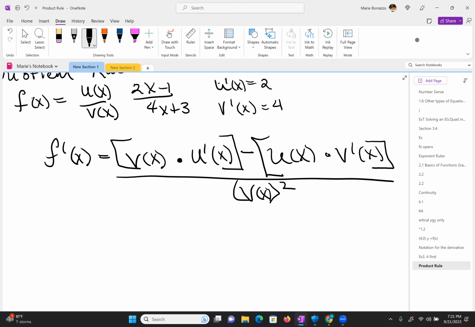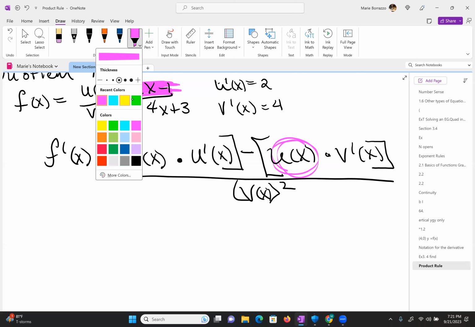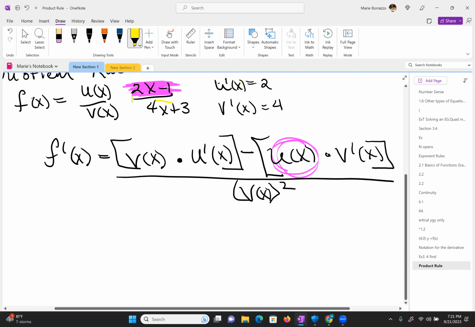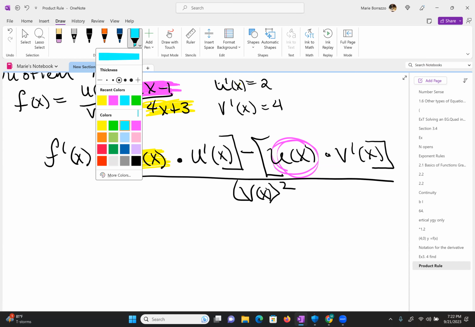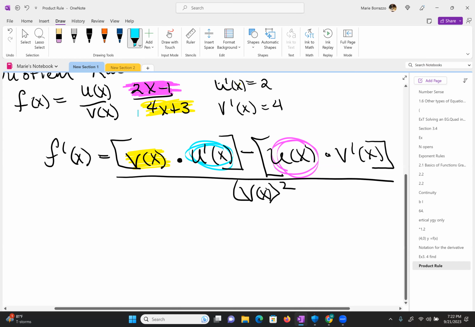So if you want to color code it, we can. So u of x in pink. Here's u of x in pink. The next value, the yellow, we could do the v of x original value. V of x is right here. And our derivatives, I'm going to do in teal, I'll do the u of x.